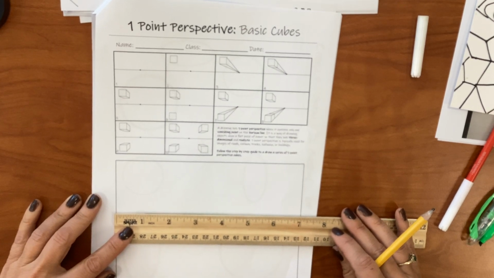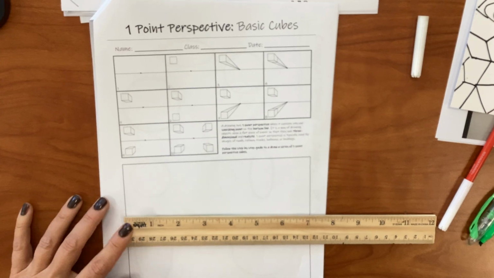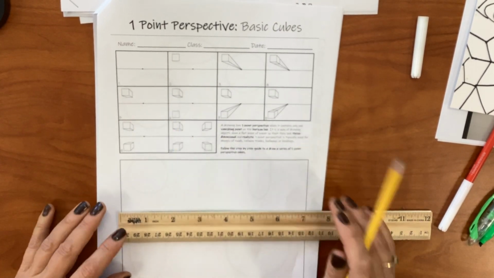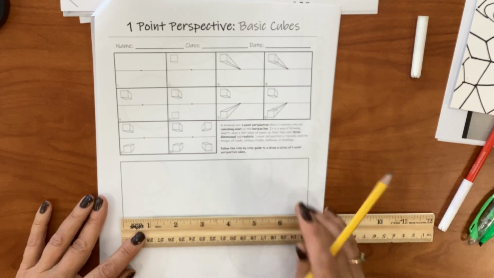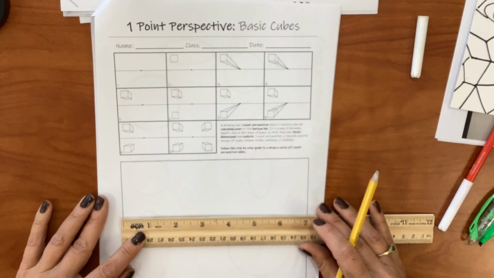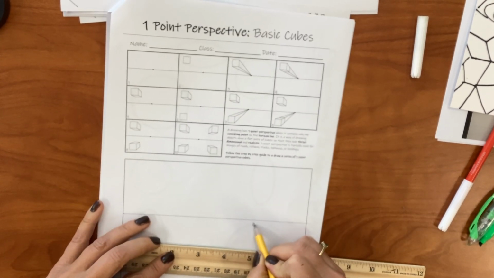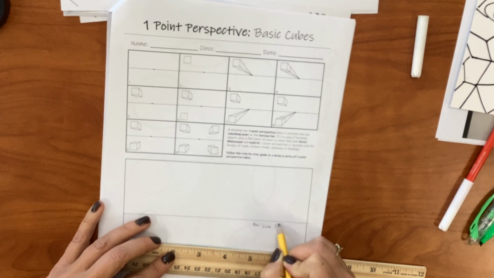Are we just going to follow along? Follow me. Here we go. Step one is draw a horizontal line. This is called the horizon line.